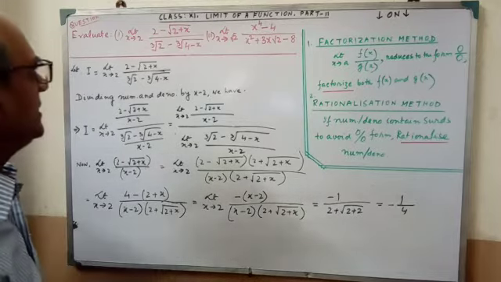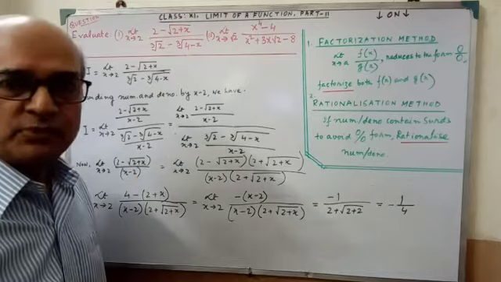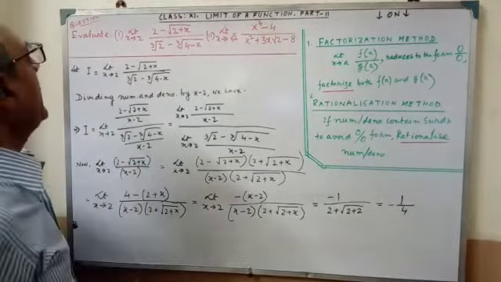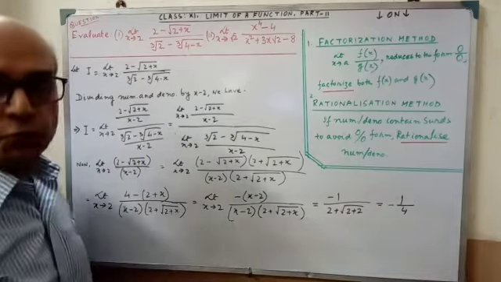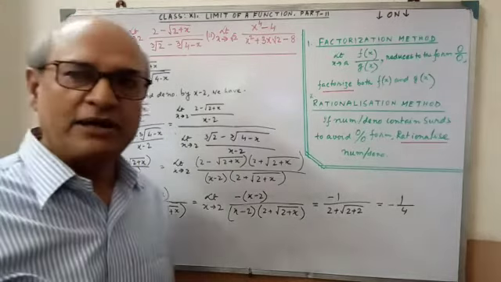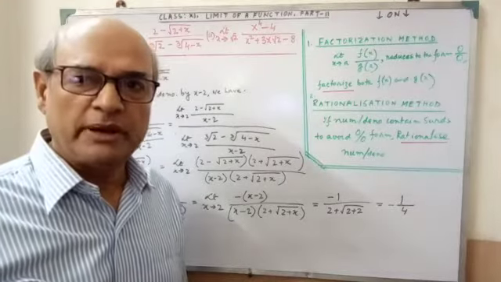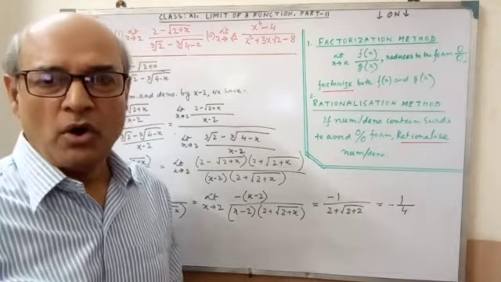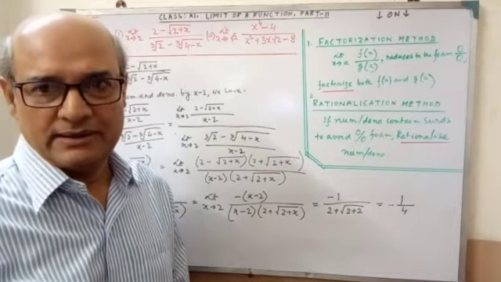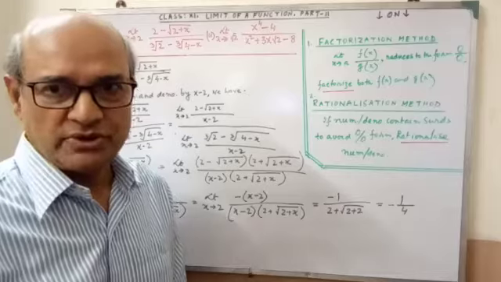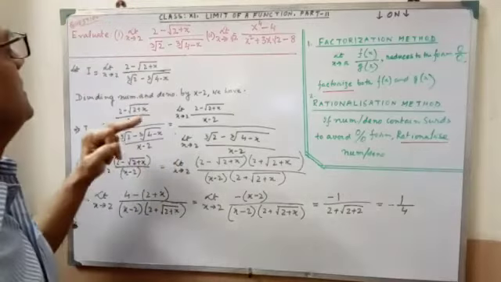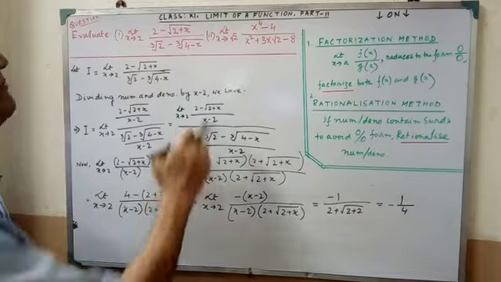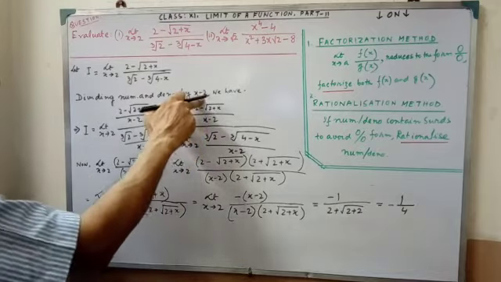So this is why here you have to think in a different way. x tends to 2, it is given. So naturally we may think x minus 2 will be a factor. So this is why to get the reduced form, we are dividing this numerator and denominator by x minus 2.